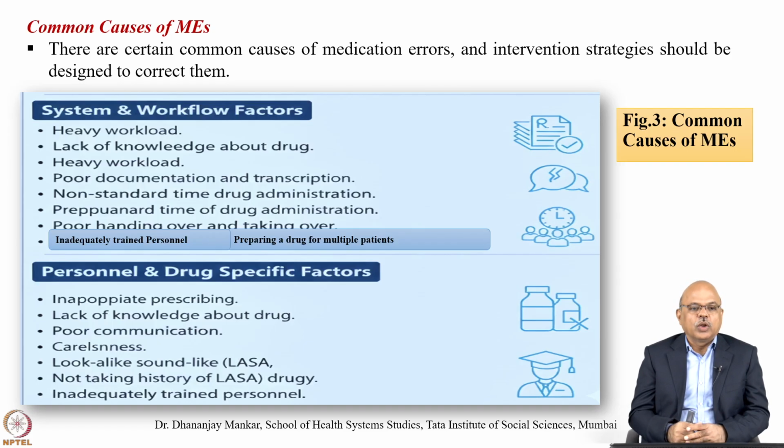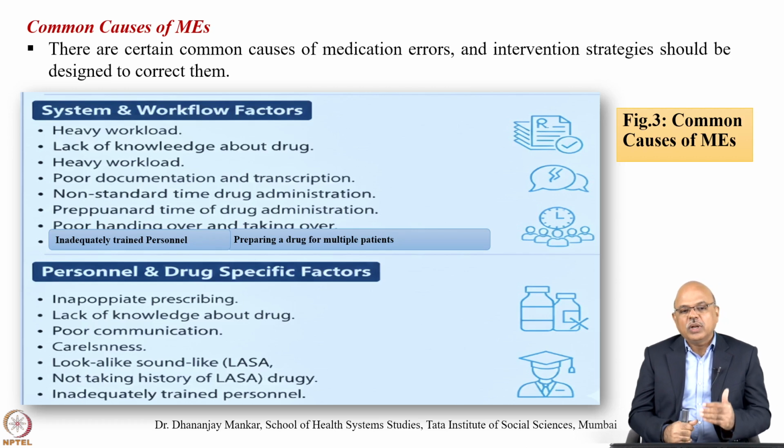Non-standard time of drug administration, poor handing over and taking over, inadequately trained personnel, and preparing a drug for multiple patients are also very important factors in system and workflow.